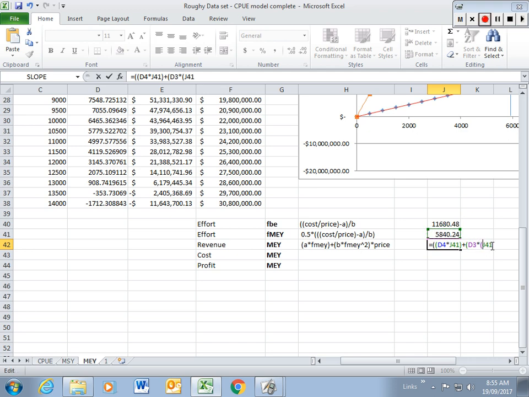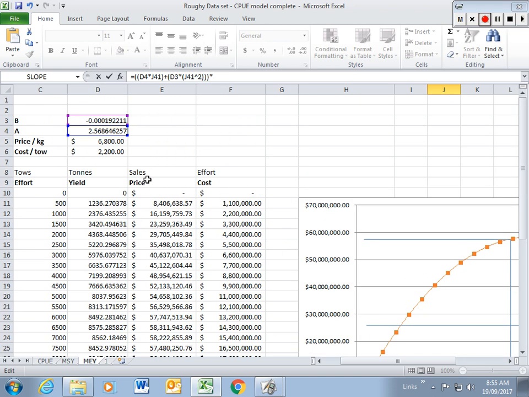I need a bracket around it there, to the power of 2, which is Shift 6 or Command 6 I think on a Mac keyboard, close those brackets, put a third one around it so you can see that one black bracket at the start and one black bracket at the end means that the formula is fully closed, and then we're going to multiply that by the price back up the top.